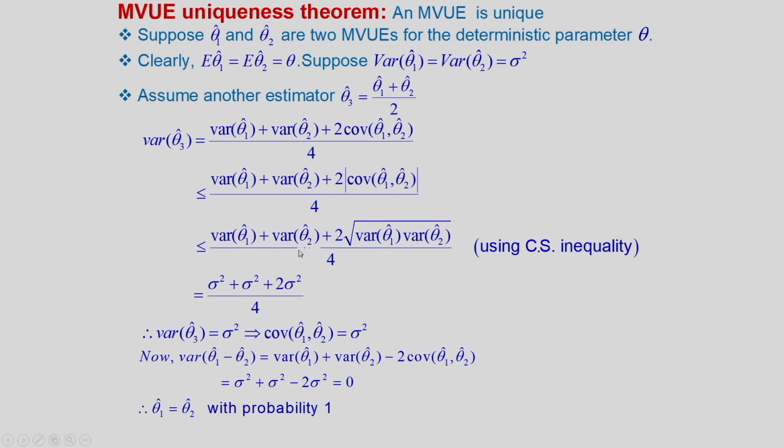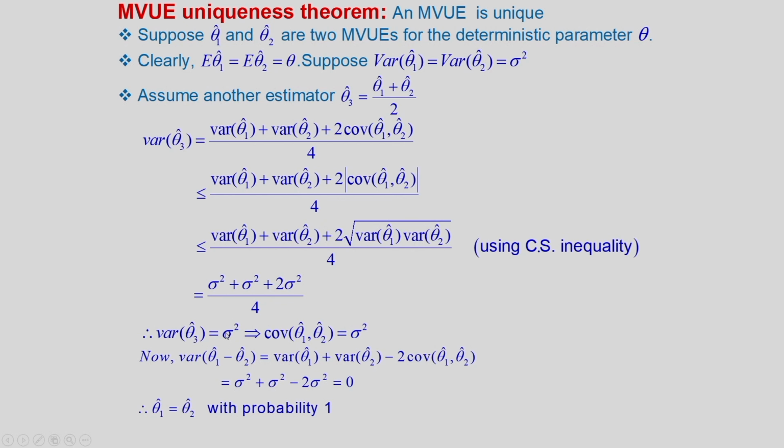This expression is now equal to sigma square plus sigma square plus 2 sigma square, divided by 4, which is equal to sigma square. Therefore, we have established that variance of theta 3 hat is less than or equal to sigma square, but it cannot be less than sigma square because the minimum variance is sigma square. Therefore, variance of theta 3 hat is also equal to sigma square.